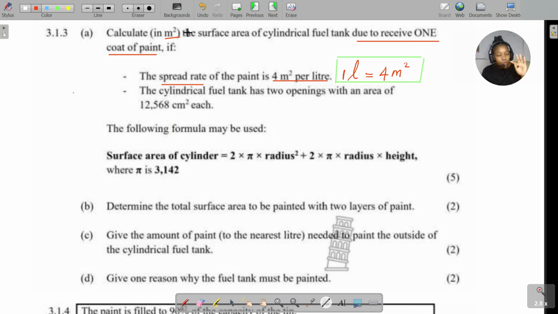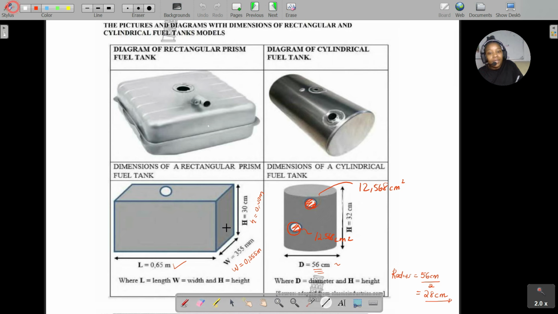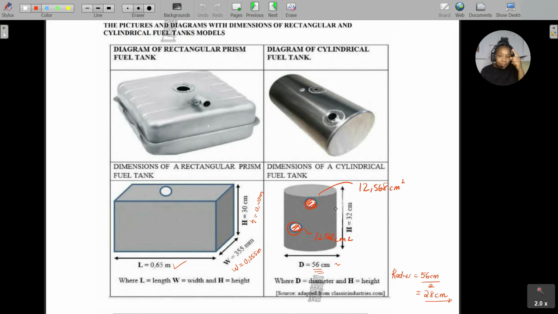If you're not comfortable converting the final value, just start off by converting that 32 centimeters to meters. Divide by 100, and then work with those values in meters so that your final answer is in meters squared.